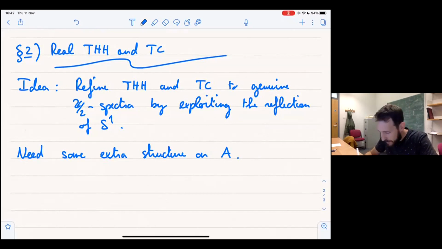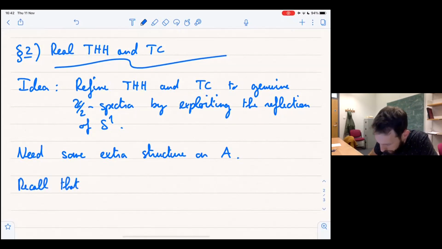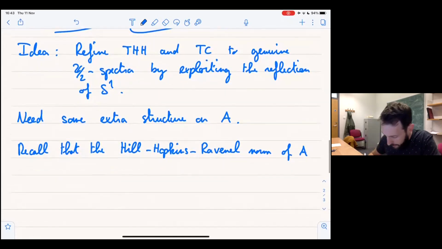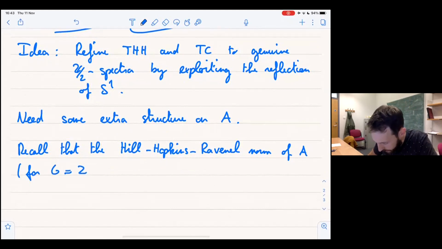So let me recall that the Hill-Hopkins-Ravenel norm is a construction of a ring spectrum A, and I'm only interested in the group Z/2, so this is something you can do for every finite group, and I'm going to take the group to be Z/2.